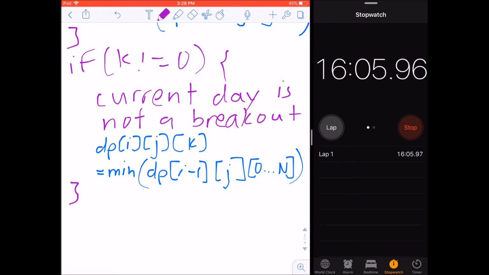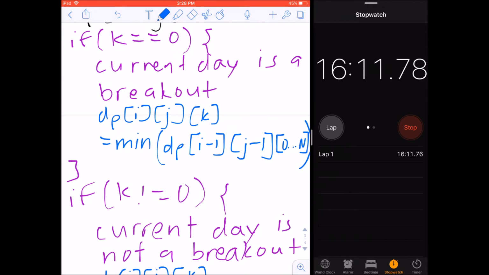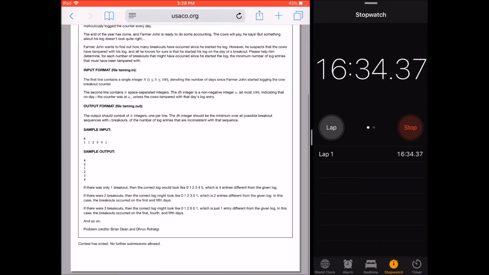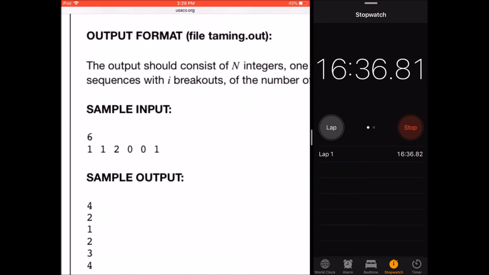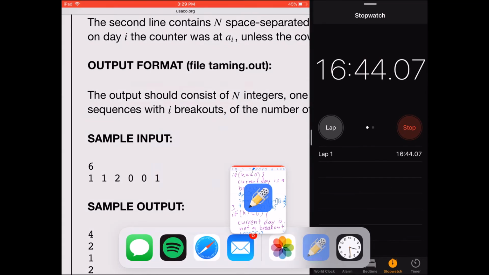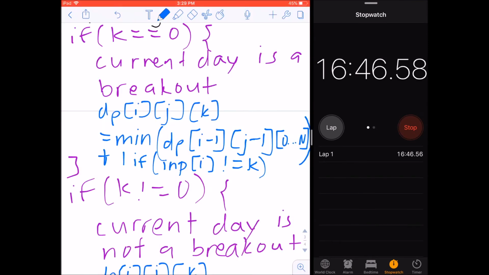Oh, actually, I'm missing one thing in both of these two formulas. This could possibly be plus 1 if input of I is not equal to k. As in, if k is different than the input sequence. So if the input sequence here is 2 and k is 3, as in we're changing the number, then we want to add 1 to the DP value because that's one more difference.